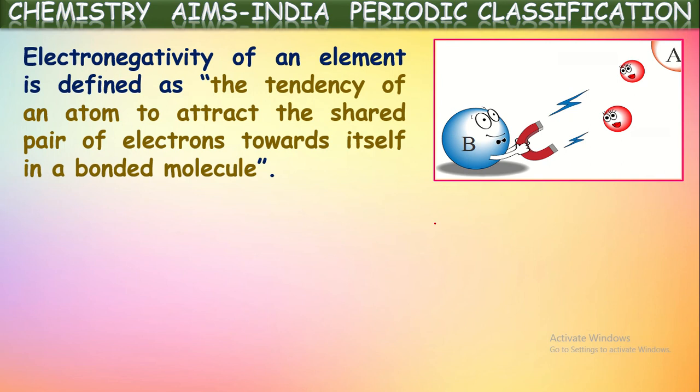The atom with greater electronegativity will attract the pair of electrons towards it more instead of them being equally shared. If A and B are two atoms and B has greater electronegativity, then it will attract the pair of electrons towards it more instead of keeping them at equal distance. This tendency of an element to attract the pair of electrons towards it more is called electronegativity.